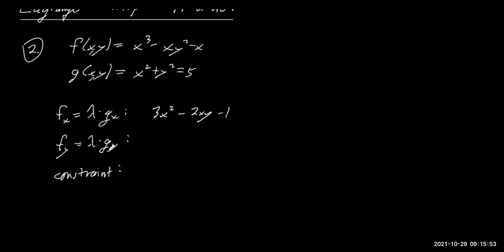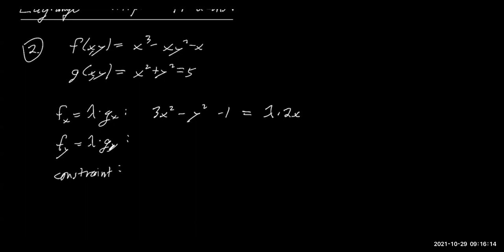So that's the partial x, right? 3x squared minus 2xy minus 1. So what you guys are getting, and lambda times 2x there, and then the partial y. Oh wait, I can't differentiate. What am I doing? It's just minus y squared, right?